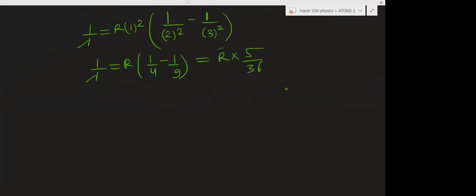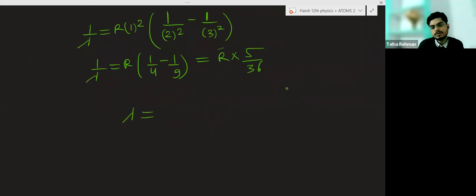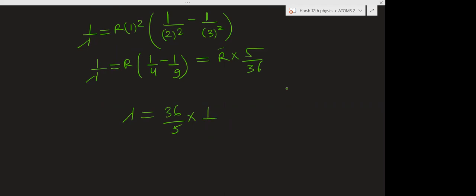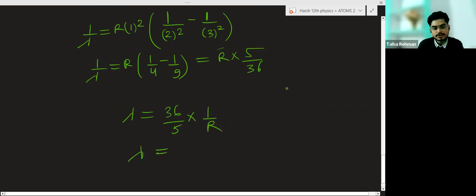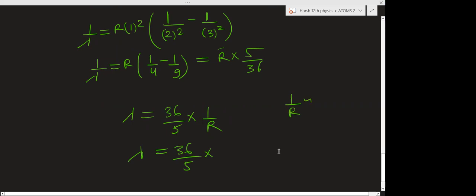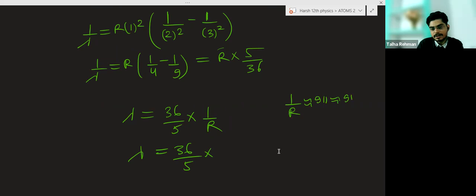So lambda is equal to 36 by 5 into 1 by R. We can take 1 by R as approximately 910 angstrom.